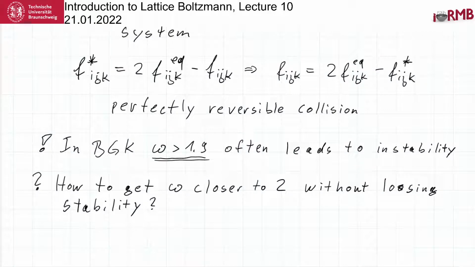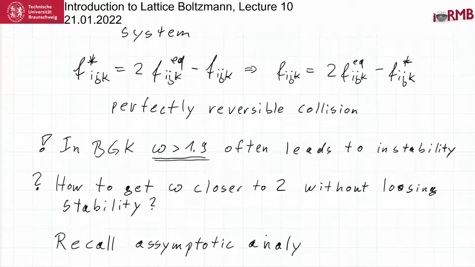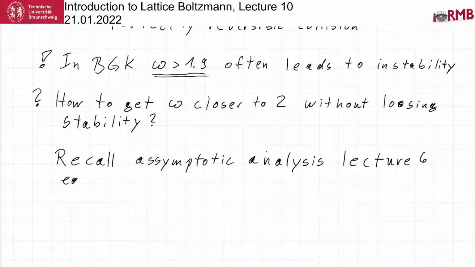And for this, we have now to dig into, again, our asymptotic analysis to know what information is important and what is not important. So we recall our asymptotic analysis from lecture 6. And here specifically, we go to equation 6.6.